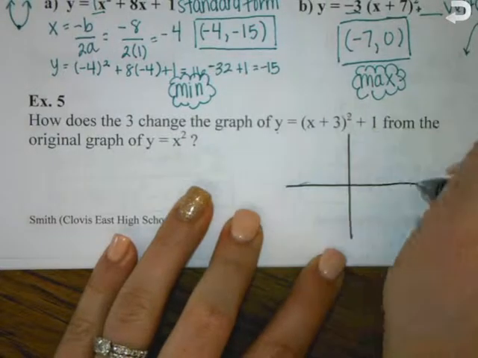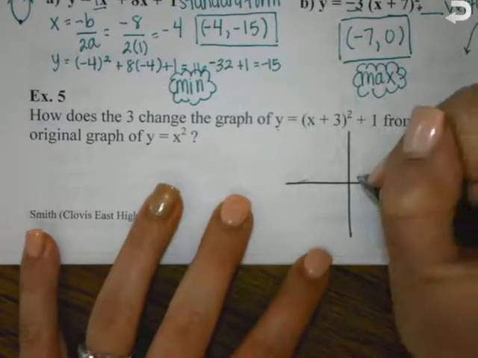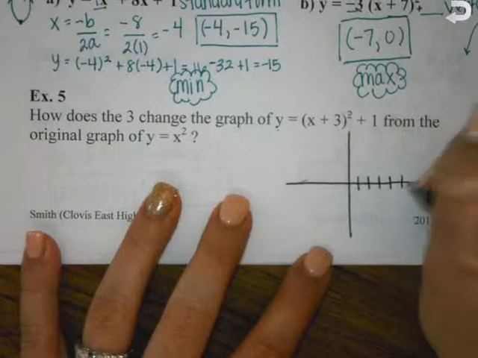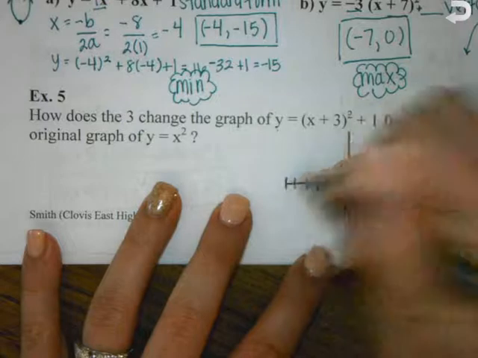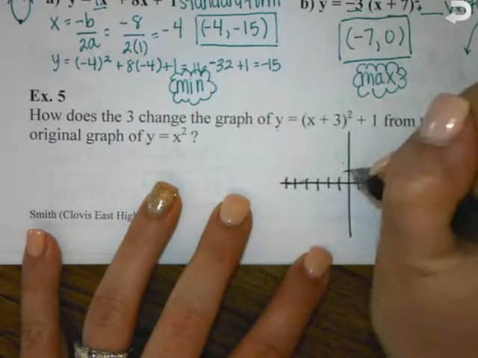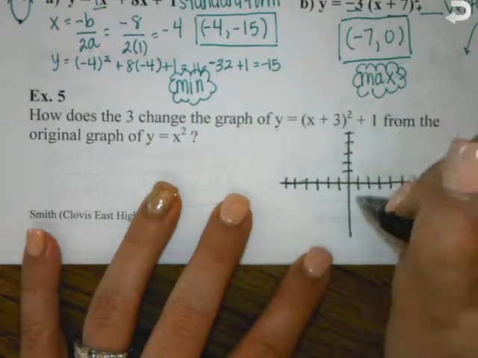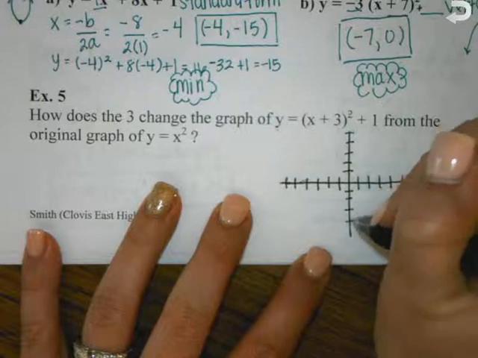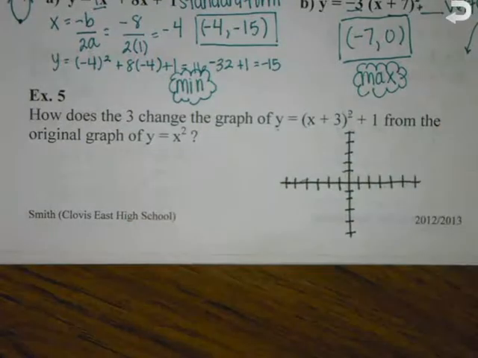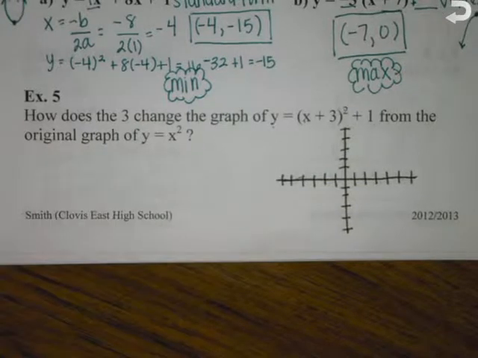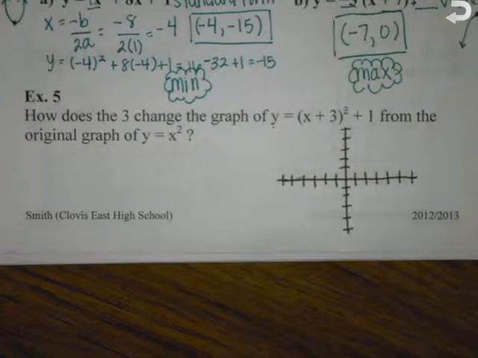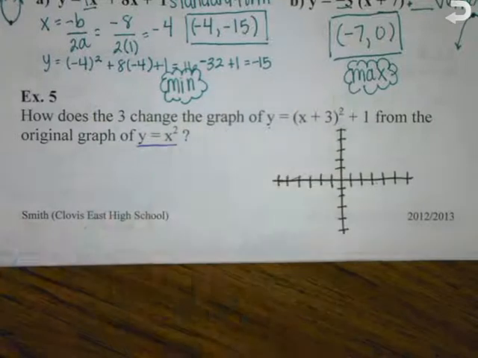It doesn't have to be perfect. So let's graph the original one first. Here's your original graph, y equals x squared.